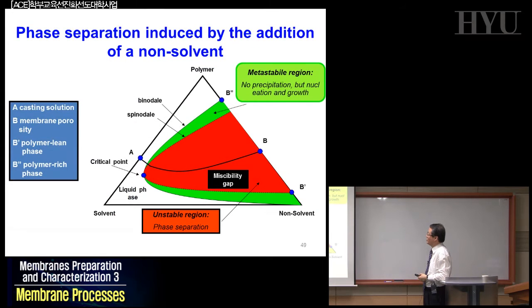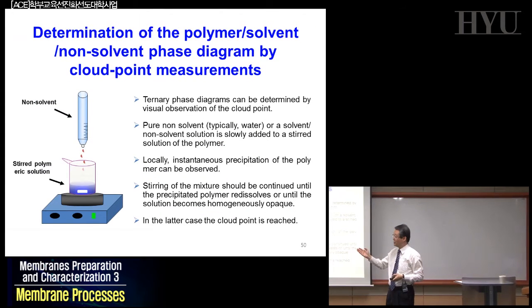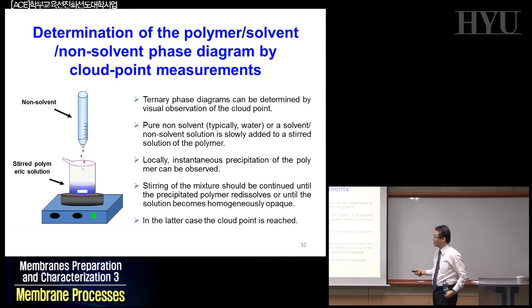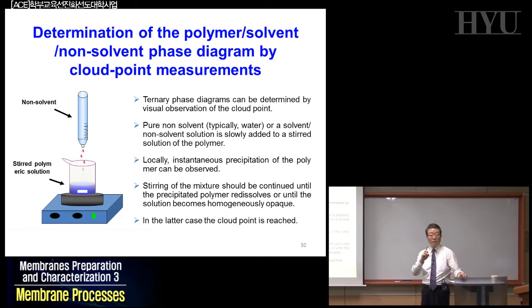If you think about this case, we have a stirred polymer solution containing polymer and solvent, and you drop non-solvent from your pipette. At some point you do not see any solid particles in your polymer solution. When you slowly drop your non-solvent, initially you do not observe anything, right?